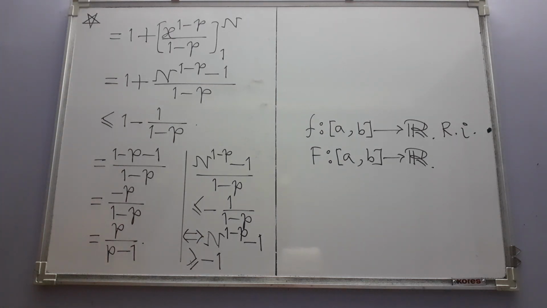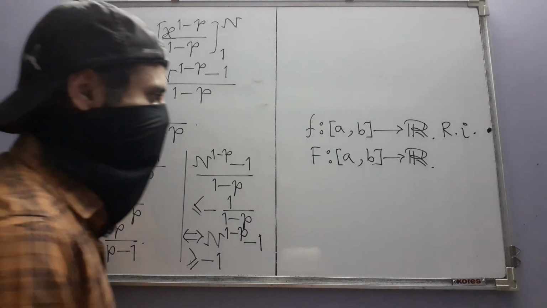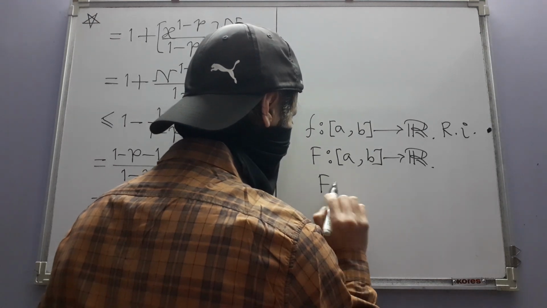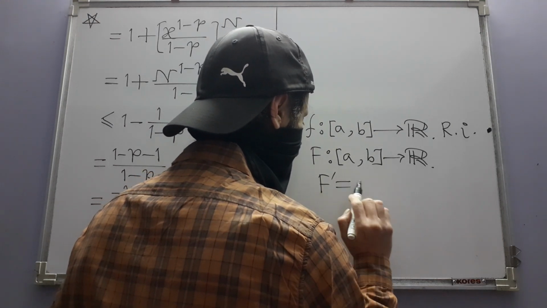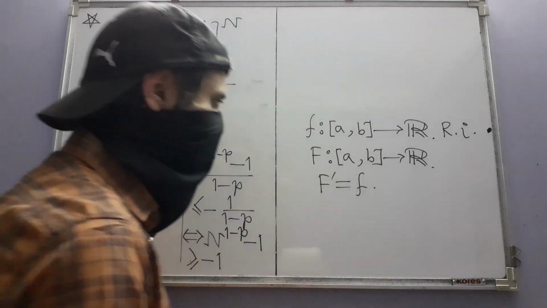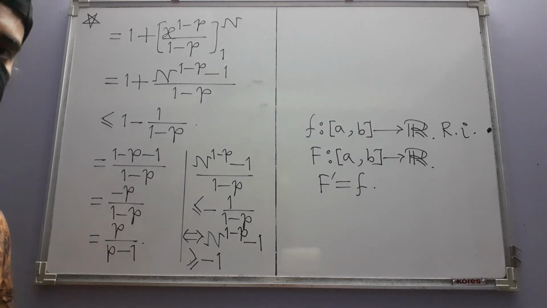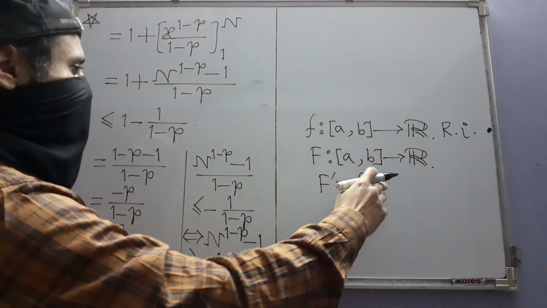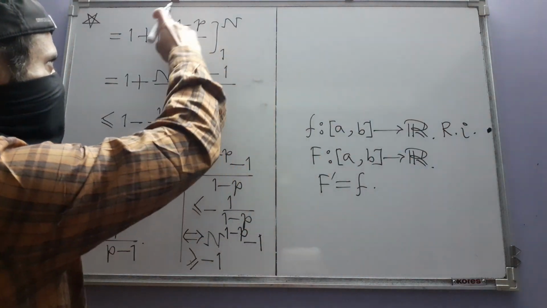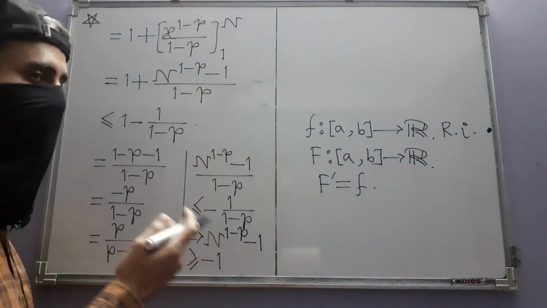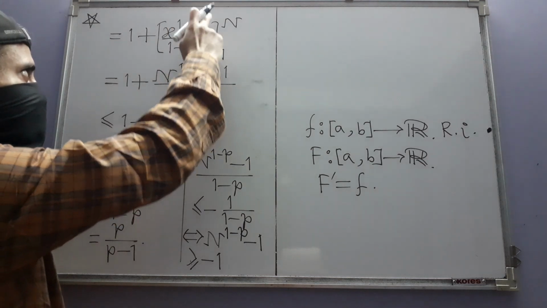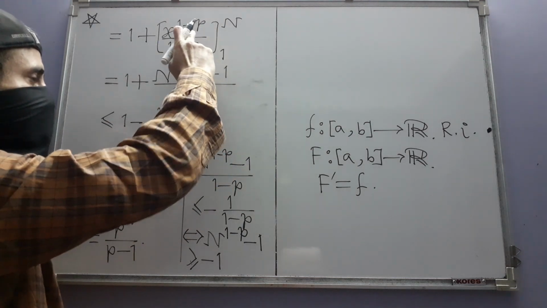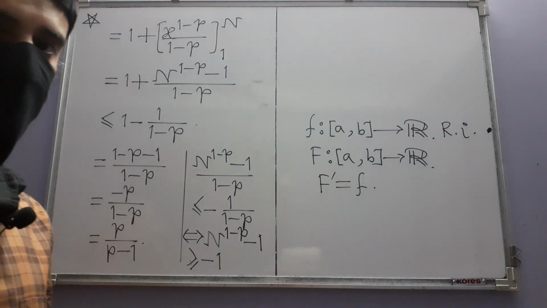An antiderivative is a function such that if you differentiate it, you are going to get the original function. For example, the antiderivative of x to the power minus p is this. Why? Because if you differentiate this function, then you are going to get x to the power minus p.